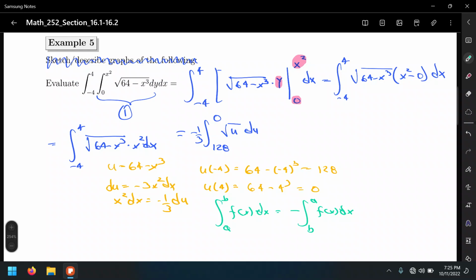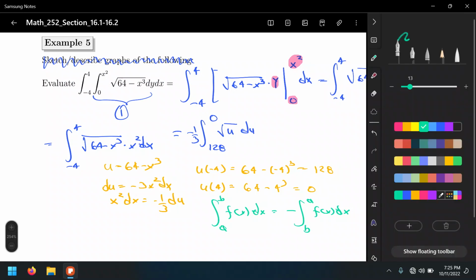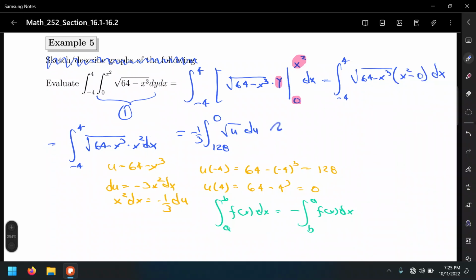That's one of the properties, and geometrically it's like finding the negative of an area, so all we do is reverse the limits. And in this case, we can actually use the sign right here, the negative sign: get rid of that negative sign, make it positive, and change the limits.